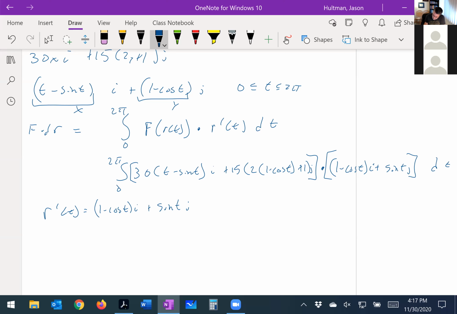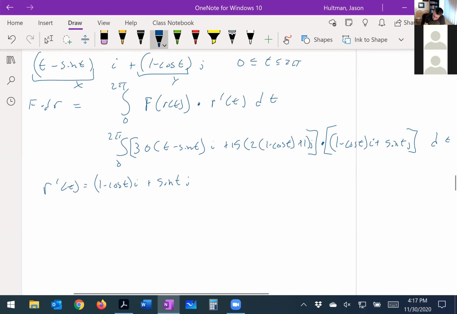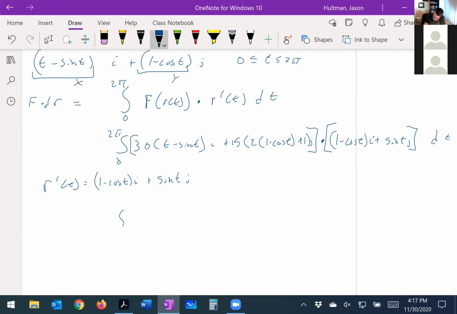Okay, so now we're going to dot this thing. This is going to be the integral from 0 to 2 pi of 30 times t minus sine t times 1 minus cosine t, plus 15, maybe I'll distribute the 15, I don't know. Let's see.